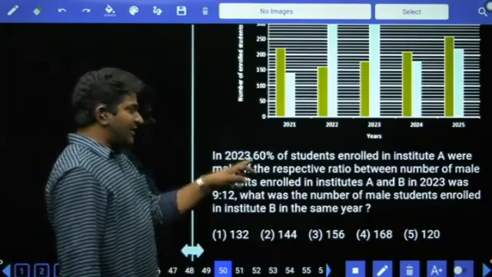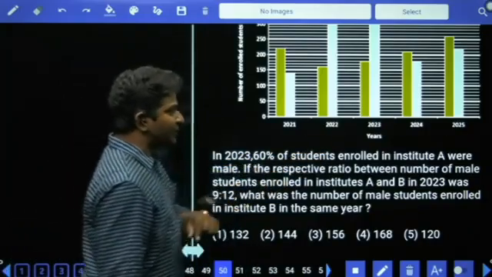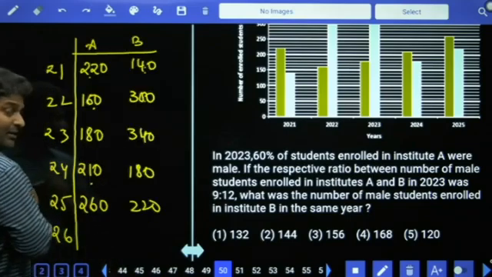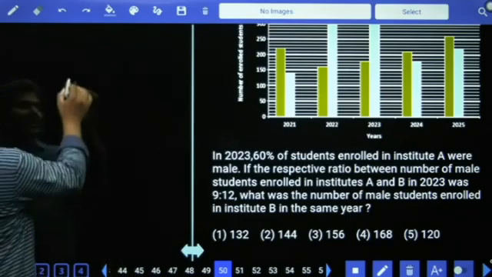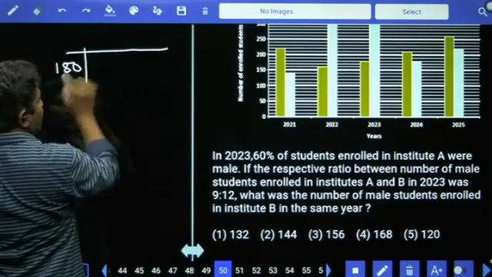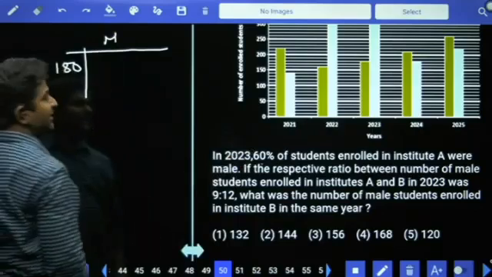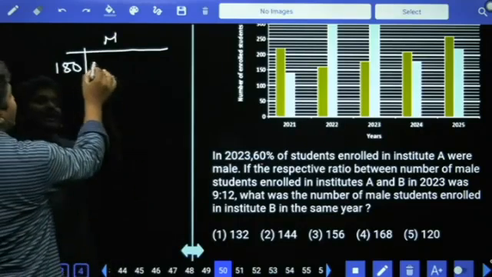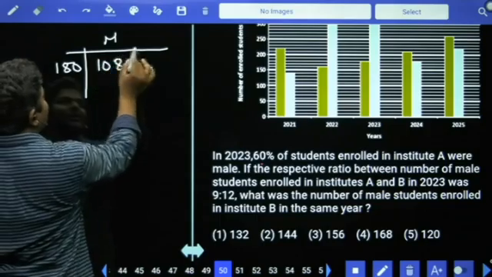In 2023, 60% of the students enrolled in Institute A were male. In 2023, Institute A total, we have 180 people. Out of 180, males are 60 percentage. 50 percentage is 90, 10 percentage is 18. 90 plus 18 is 108.